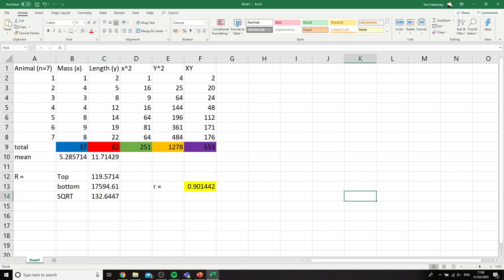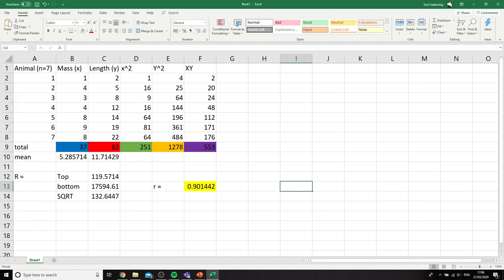Okay. Now, note this value is a positive value. There is no negative in front of it. There is a positive value, which means the correlation is positive, or that any correlation is positive, really. Okay. Your degrees of freedom is going to be 5, because n minus 2, so 7 minus 2 is 5.